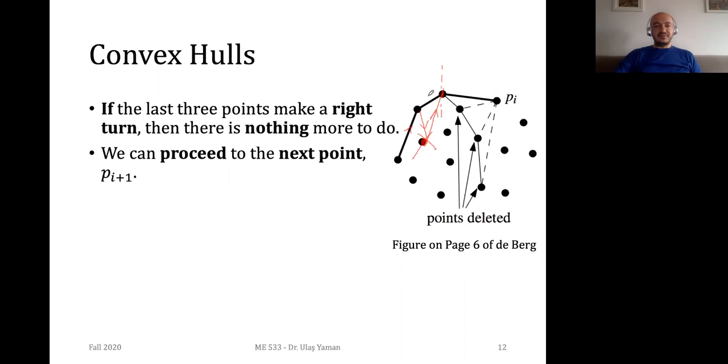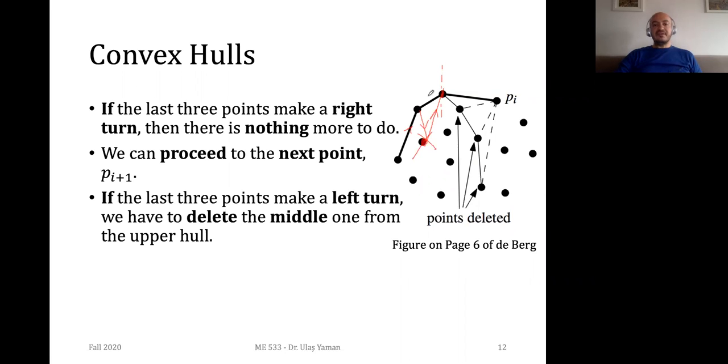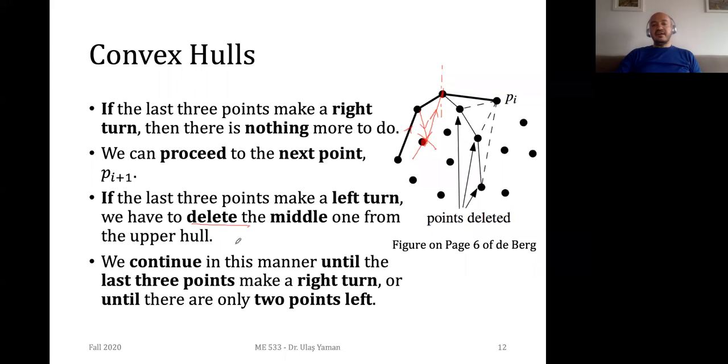We need to delete the middle point from the upper hull and add another point, and you can continue these steps until you go over all the points until you come to here. So this is the site having the largest X value.